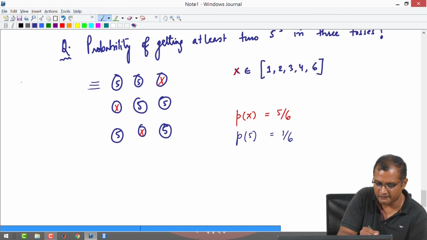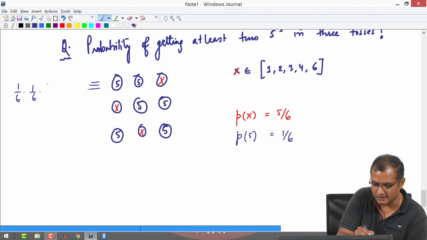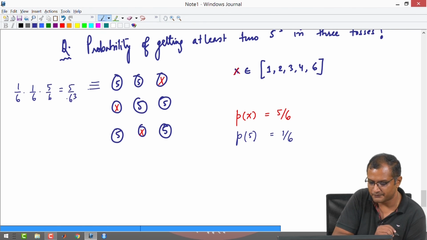The probability of getting a 5 is 1 by 6, and probability of getting another 5 is 1 by 6, and the probability of getting an x is 5 by 6, which is basically 5 by 6 cube.